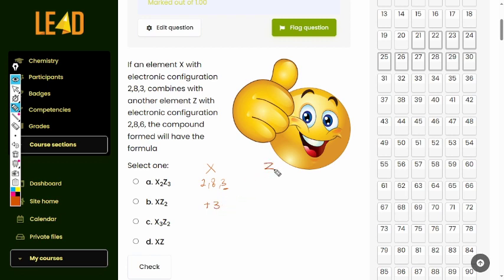Now Z has 2, 8, 6. So Z has 6 valence electrons, but it needs 8 to be complete. It would rather gain 2 electrons than lose the 6 electrons it has. When it gains 2 electrons, it forms a -2 ion. So the combining power of X is 3 and that of Z is 2. When you cross them, 2 goes with X to give you X2, then 3 goes with Z to give you Z3. So the correct answer here is A.